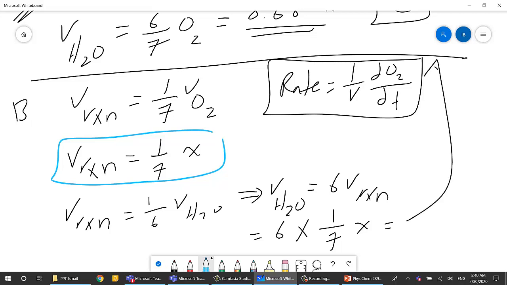To solve the problem of plus and minus, here you can say that the rate of O2 is minus, then 1 over 7.